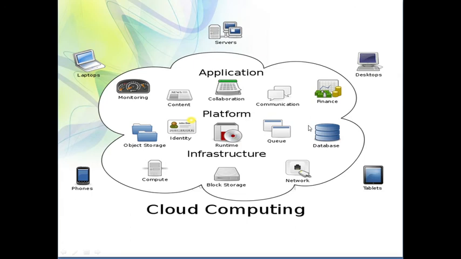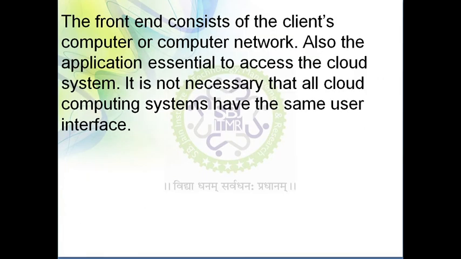If I talk about applications, various applications are also available at the top level. And for that, your thin client or your laptop or your servers can be connected to the cloud, and they can access any of this, either infrastructure or the platform or the application.